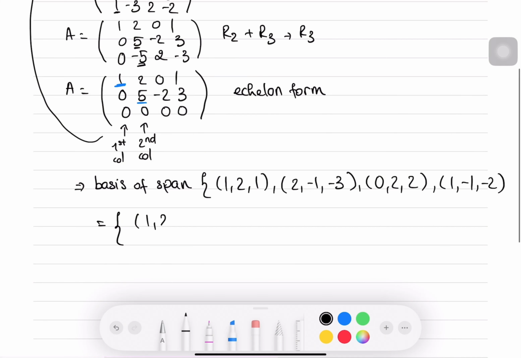It's going to be 1, 2, 1, 2 minus 1 minus 3. And now we're done.